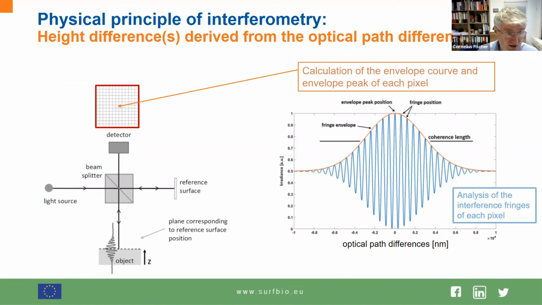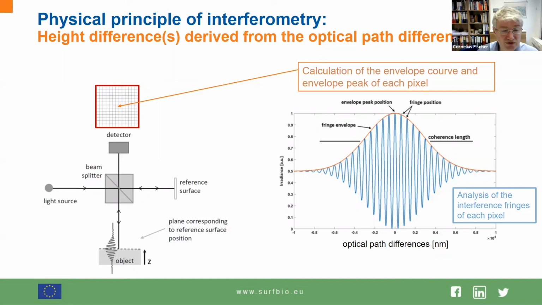The light beam goes to a beam splitter, and the beam splitter divides the light beam into two pathways. One of the pathways goes to a reference surface, and the second one goes to a sample surface. Both mirrors, so to say, reflect the light. The light travels back from both sides.